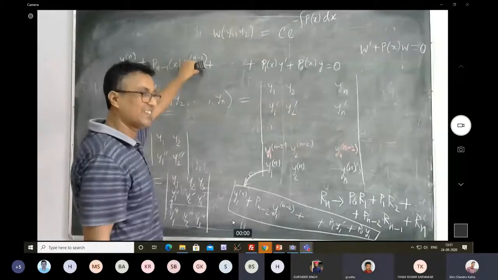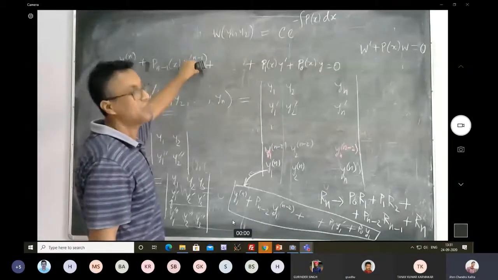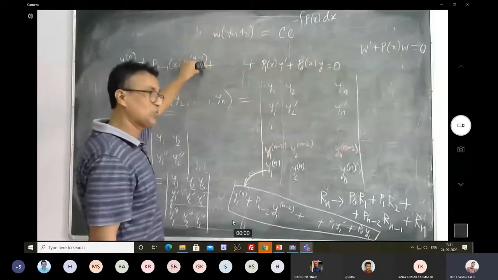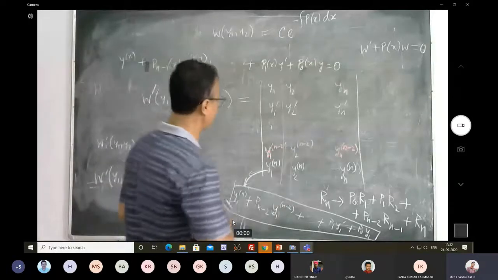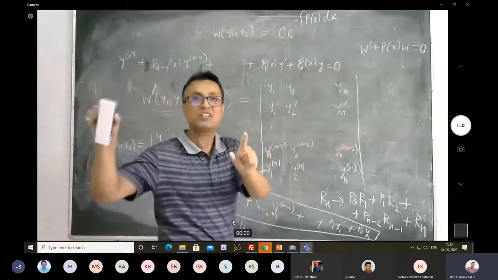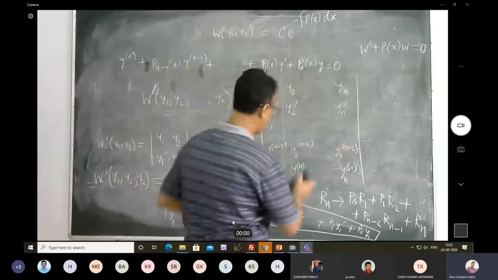Yes, because y1 is a solution of the given differential equation. Similarly, up to yn, they are solutions of the given differential equation. That is why I can simply replace. Please systematically write this down at home; you have to understand it and then replicate on your own.